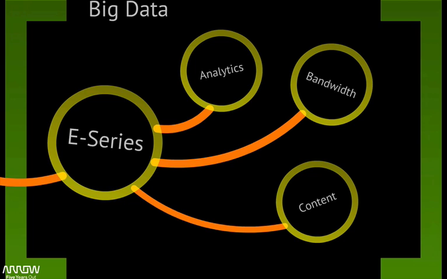Analytics being focused around things like DNA analysis, the genome project, etc. Lots and lots of data going incredibly quickly. Bandwidth would be animation studios and lossless video, post-production houses, those kind of infrastructures and organizations. And content would be, say for instance, location-based storage, kind of like the NetApp storage grid application.